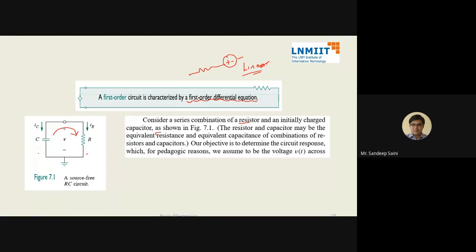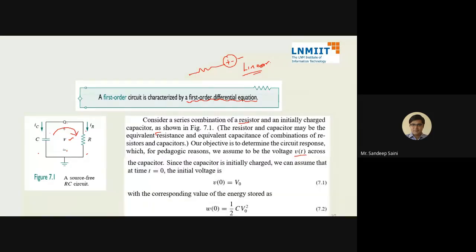Let us say that both of them are in parallel to each other, so both will have the same voltage, and that voltage at any time is V(t). The initial voltage across the capacitor was V naught.